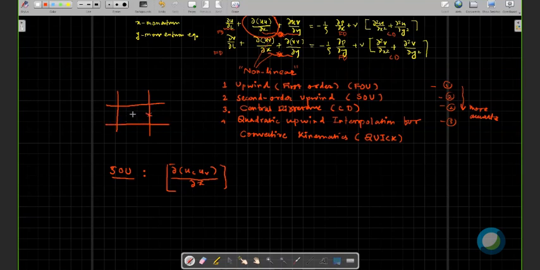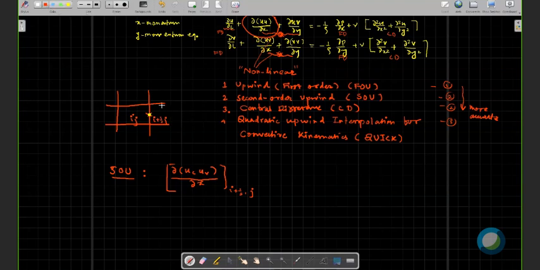So here this is ij and this is I plus half j. We have to find out at I plus half j, because u values are defined on this face here. So we have to find out for that.